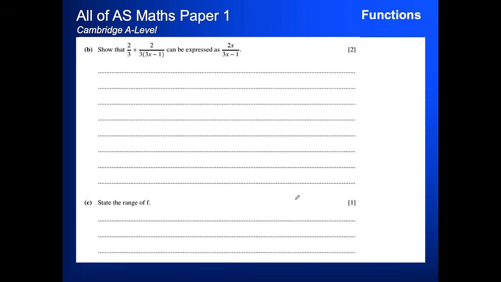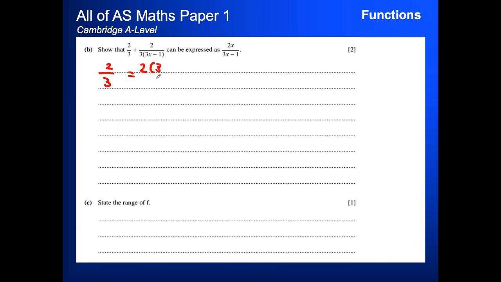And from there, we now need to do a little bit of algebra, and then we're going to work on what we just looked at in part C. So show that 2/3 plus this can be expressed as 2x over 3x minus 1. So looking at this, my first thought is, well, let's make the denominators the same. So I can take the 2/3 here, and I can times top and bottom by 3x minus 1.